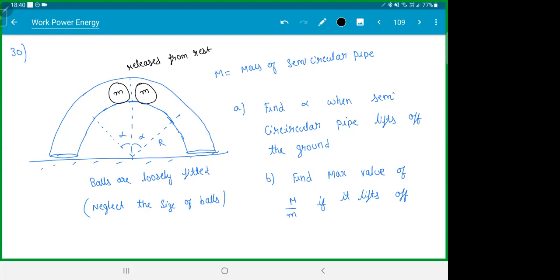Answer of the second part is what? Didn't type the answer, Anisha. Cos alpha 4m by 6m plus n2. Near Anisha, that's not the answer.